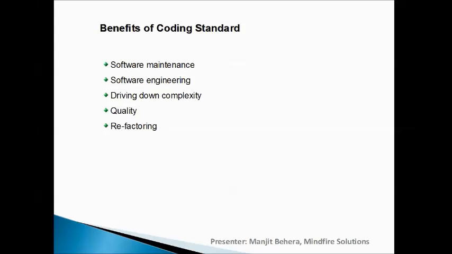So at that time we can get the benefits of coding standard, because if it is based on a specific coding standard, we can view the coding standard document given by the designer of the application.